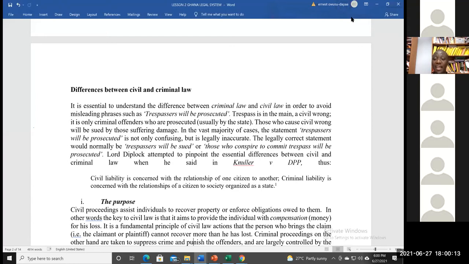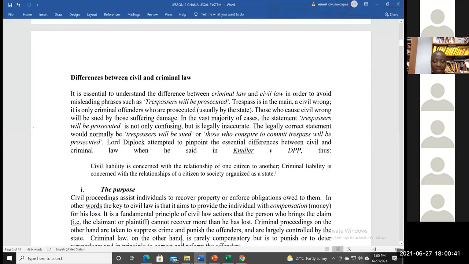If they are not behaving in that way, in terms of doing what is expected of them, or avoiding what they are not supposed to do, this is actually secured by punishment or sanction. So that is the purpose: to punish a citizen who will not follow the behavior prescribed by the state.